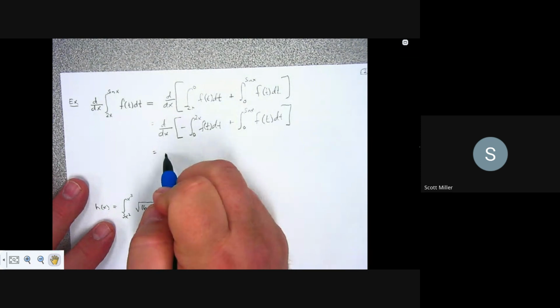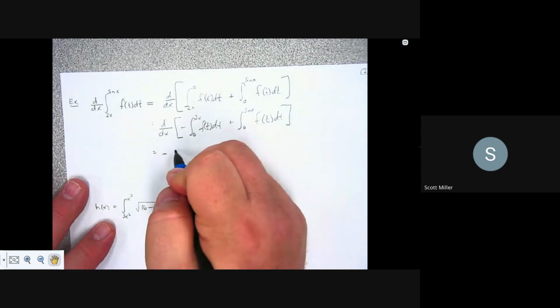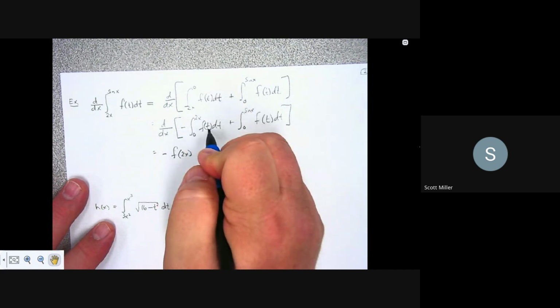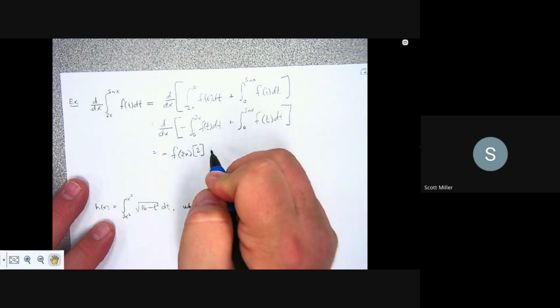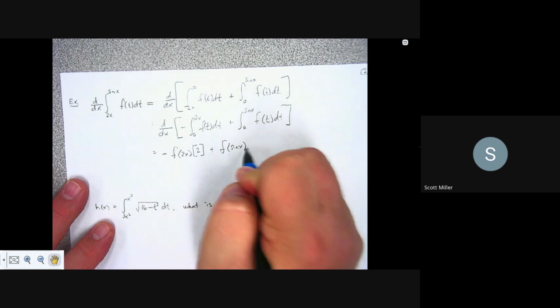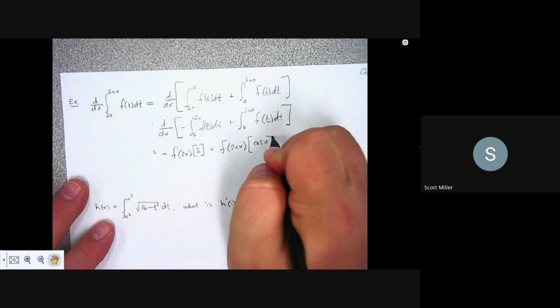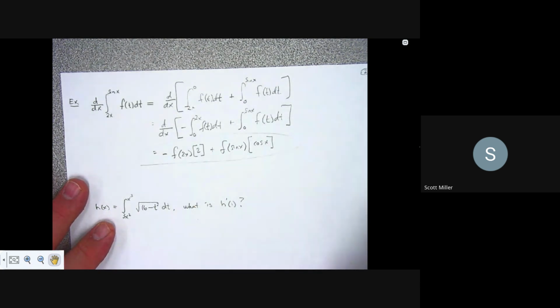This negative is going to be right there. The derivative of this quantity is f of 2x, where I plug that in for the t, times the derivative of 2x, which is 2, plus f of sine of x times the derivative of sine, which is cosine of x. And that would be the derivative of that expression.